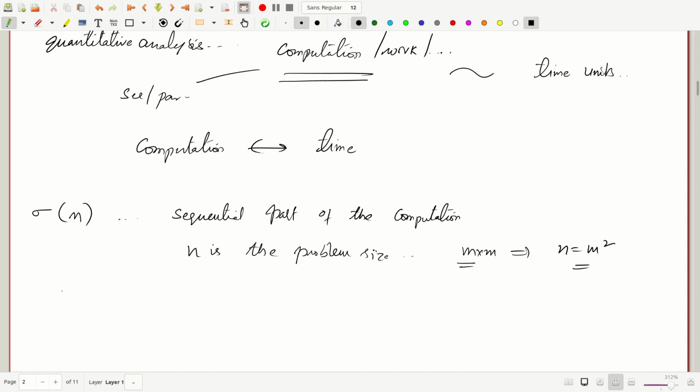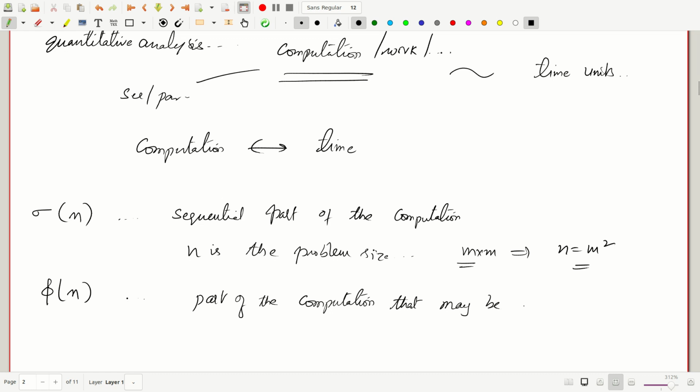Then we would also introduce another notation for the parallelizable part of the algorithm. Let's call it phi of n. This is the part of the computation that may be executed in parallel.